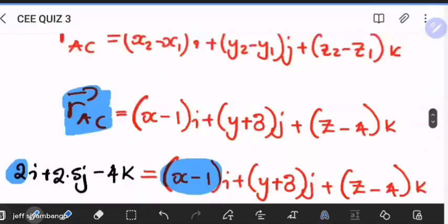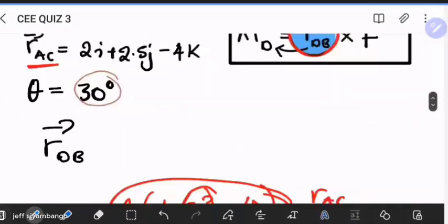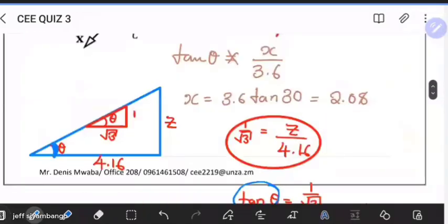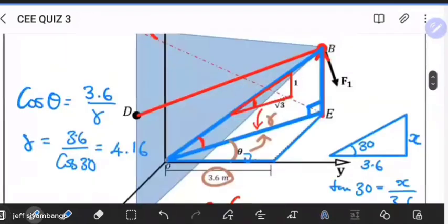Why did we need Z? It was giving us the coordinate of B. So we wanted the coordinates of B, and we have just figured out the vertical coordinate.